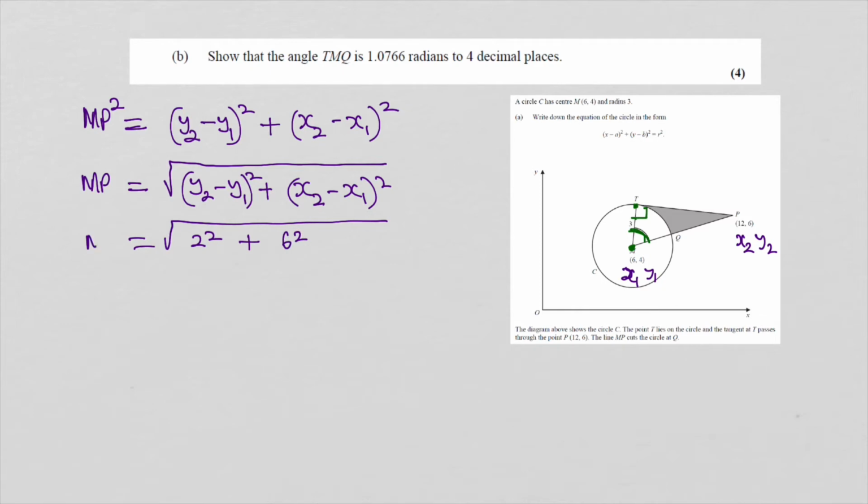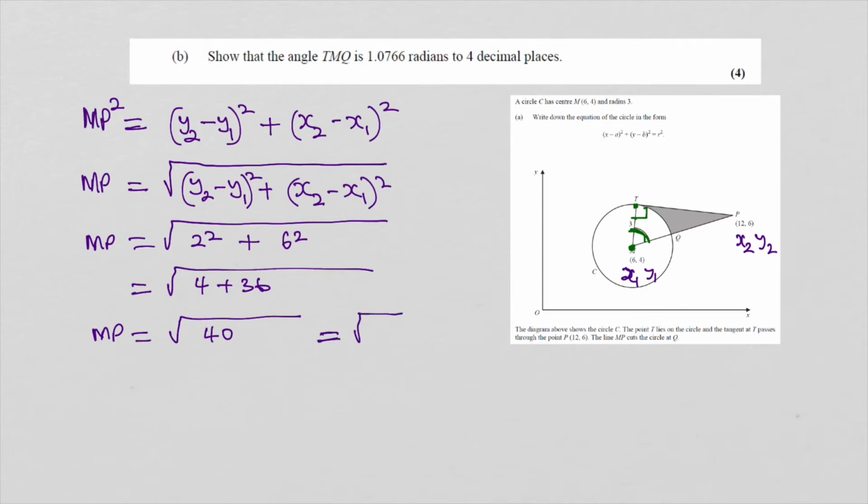So that's MP, and that gives square root of 4 plus 36, and that will be square root of 40. So the MP is root 40. We could simplify if you want, so that would be root of 4 times 10, which is root 4 times root 10. That will be 2 root 10.